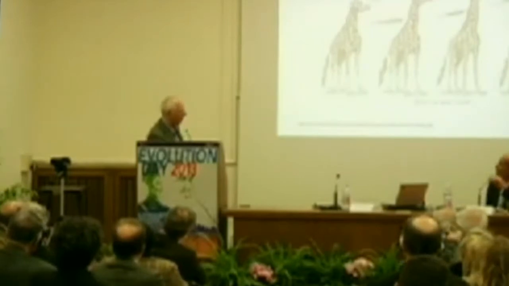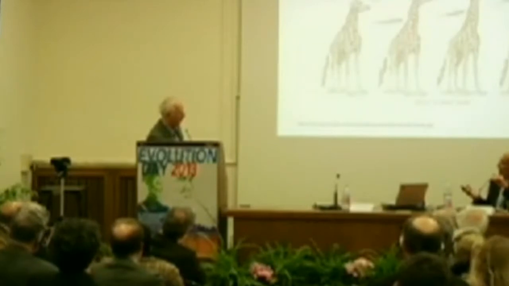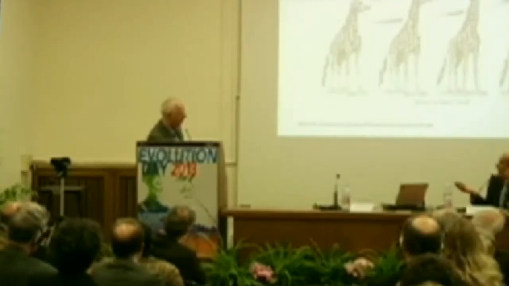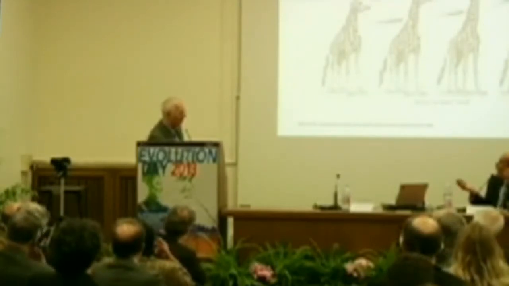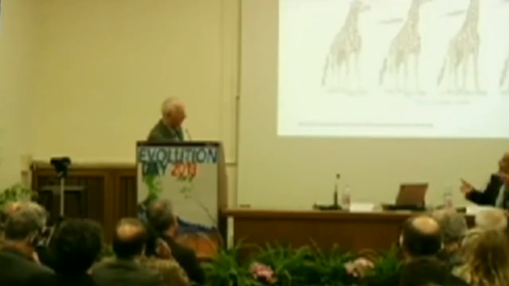For example, it comes to my mind the example of Linaria. I don't see any good reason to believe that Peloria is an adaptive phenotype with respect to Linaria. They may have exactly the same fitness value. Or in the observation of this Swedish population, how is this change adaptive?